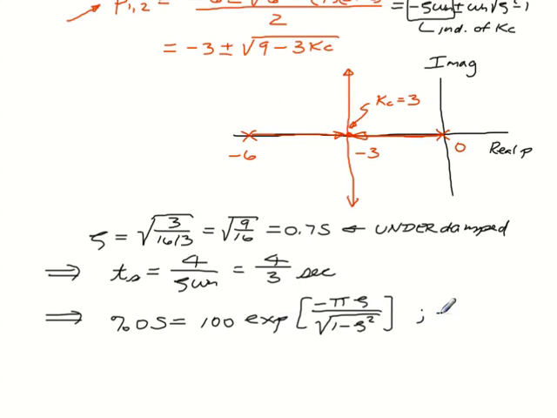We put zeta equal to 0.75 in there, which we found from above, and we find out that the percent overshoot for a step input is a little bit more than 2.8%. So this is analysis. We're given parameters. We want to know something about the response. The settling time is 4/3 of a second. The percent overshoot is around 2.8%.